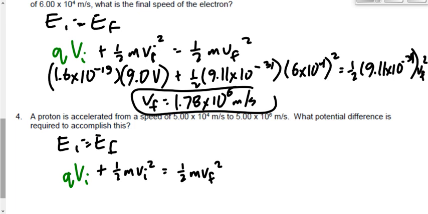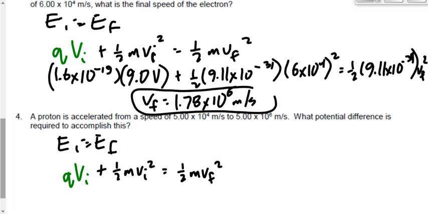Now, I don't want to mess you up on this question. I don't want to confuse you on this question. But I want to point something out to you just so that you can hopefully have a good understanding not only of what's going on in this question, but of potential and potential difference. We want to find the potential difference required to do this.